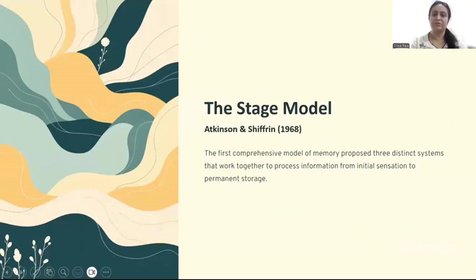The stage model or the information processing model was proposed first by Atkinson and Shiffrin in 1968. They said that memory is composed of three distinct systems that work together to process information from initial sensation, that is what you see.